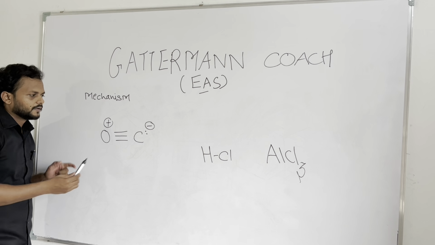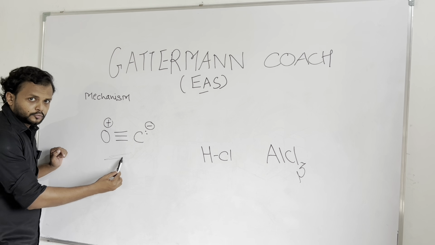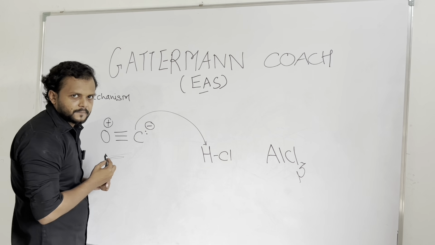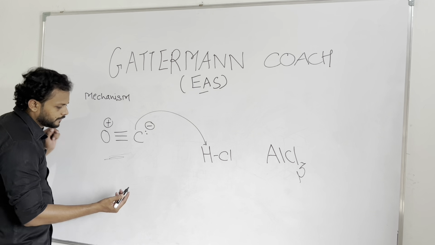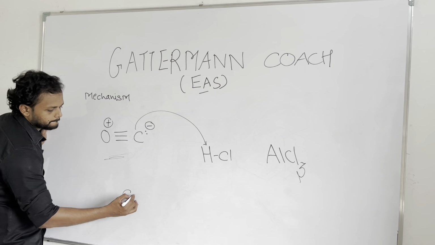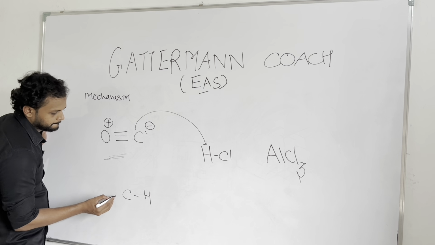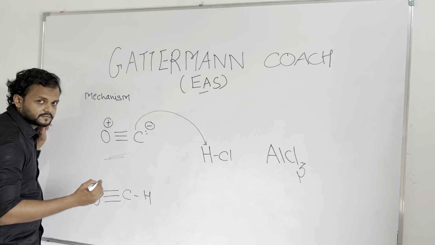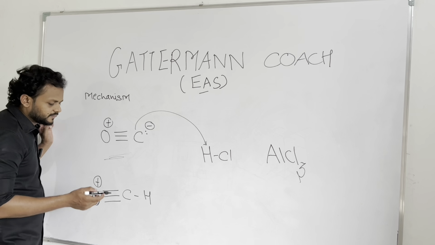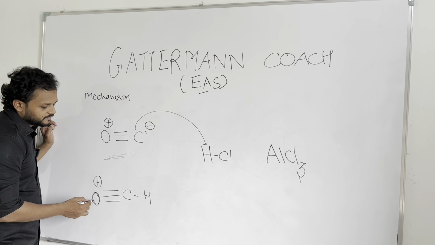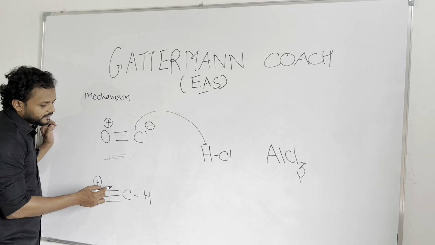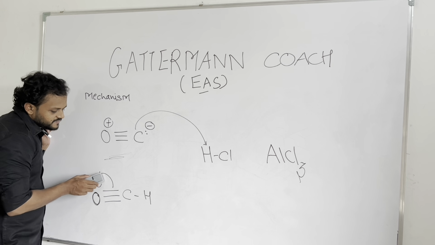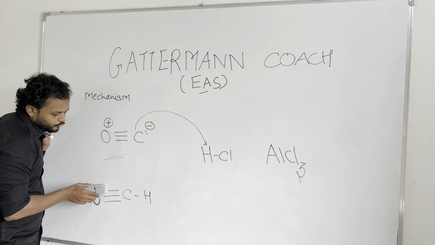In the first step, carbon from carbon monoxide is going to abstract a proton from HCl and will form CHO. This is a formyl. Now the interesting thing is that this oxygen is more electronegative, so it can have that pi bond in the form of a lone pair and will be stable with two valency.